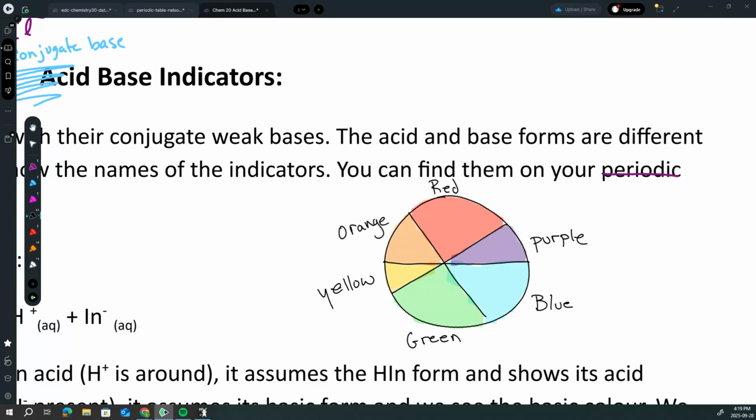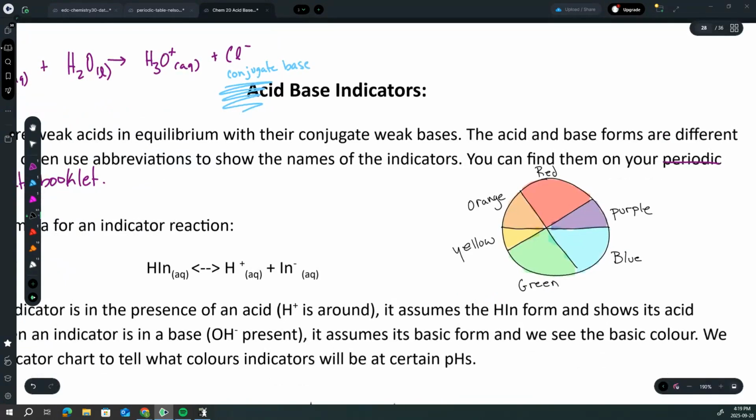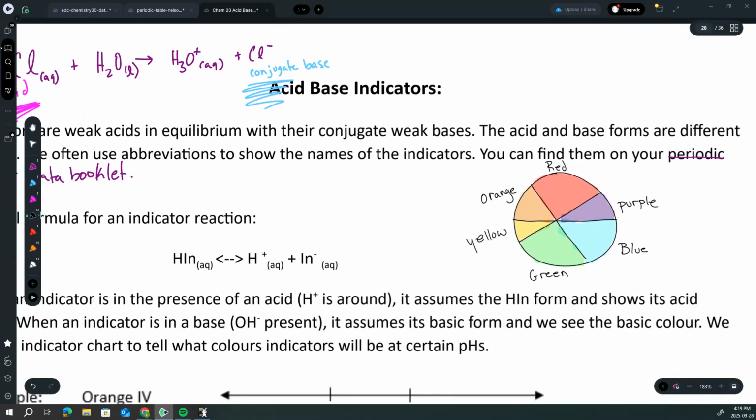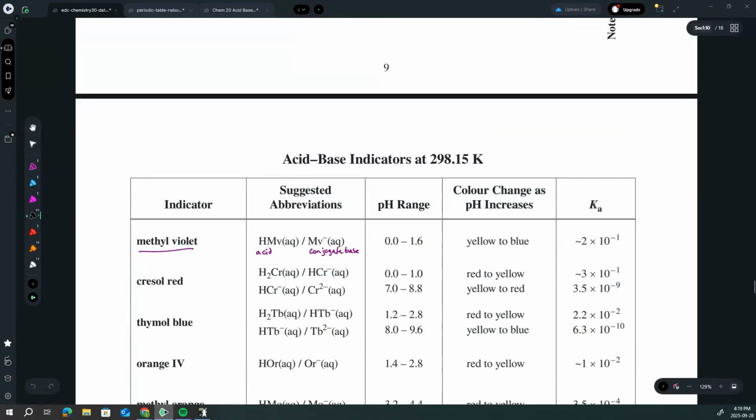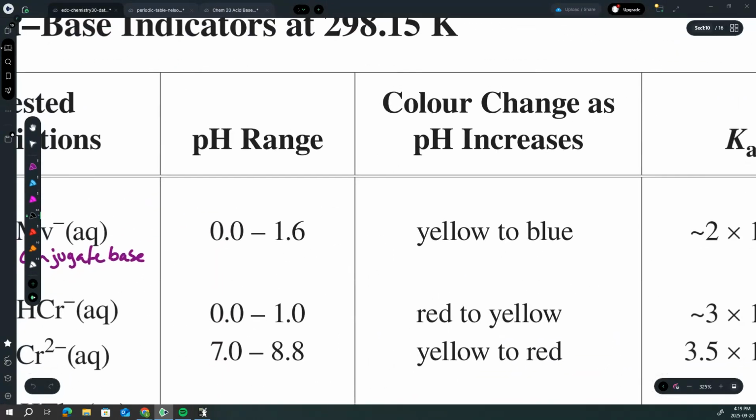Alright, so why is going over the color wheel important here? It's because when you look at each of these pH ranges, the left-hand number corresponds to the left-hand color. So 0 and below, maybe this isn't the best example, but this is how it's going to be for all of them.